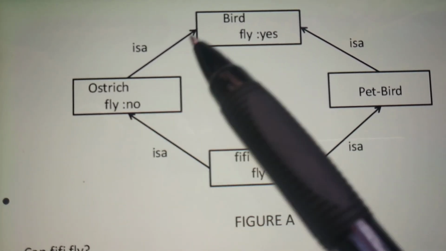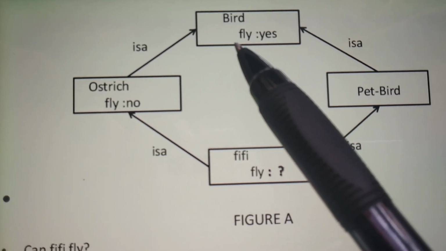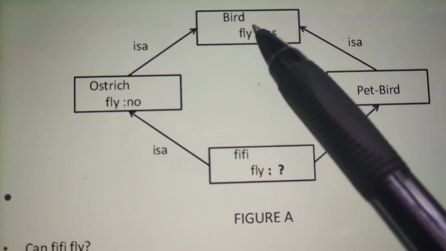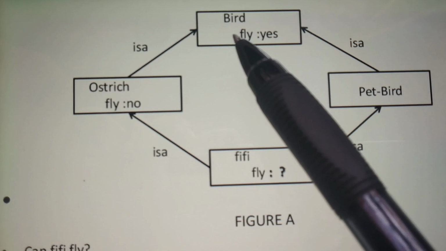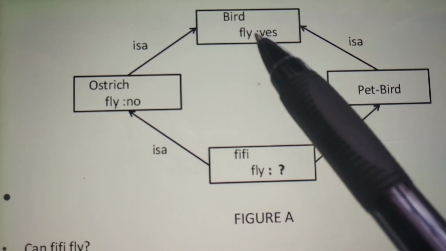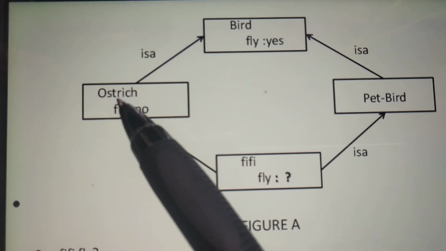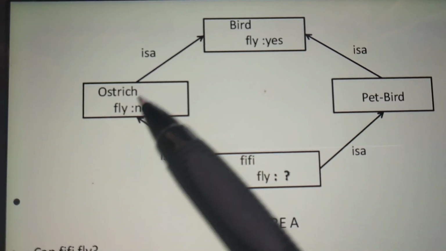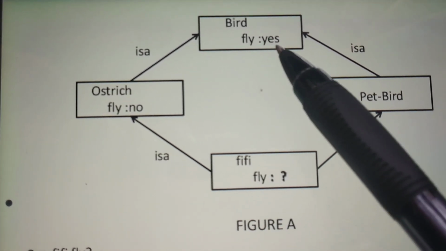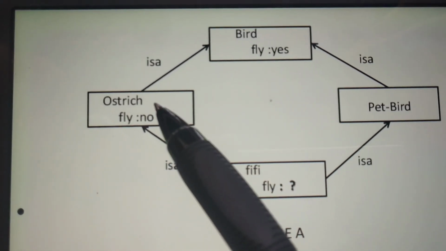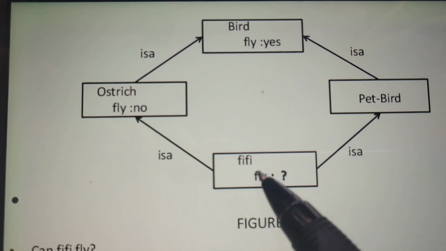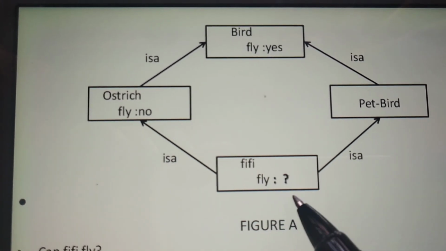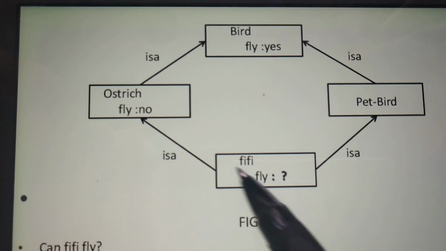Although ostrich inherits the bird class and as a result will also inherit the fly attribute with the default value, you see here ostrich modifies the default value of fly, that is yes, from the previous class, now as no. So if you consider this side, the fly attribute of Fifi will get value no.